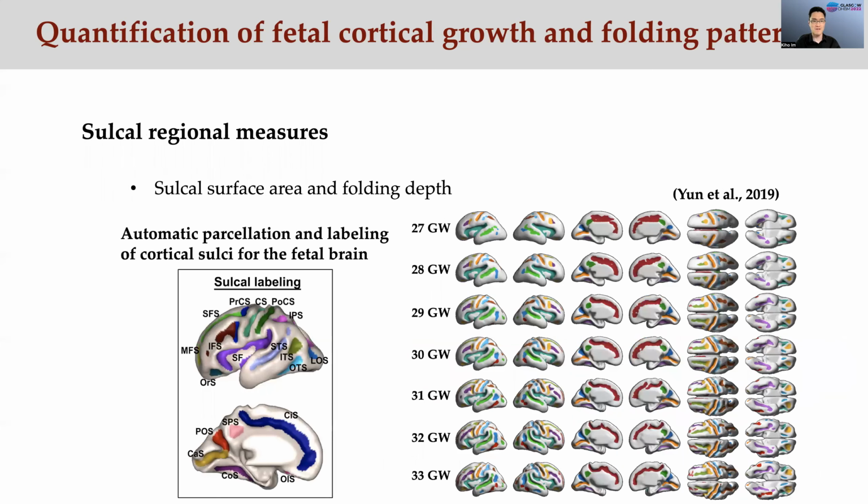We performed sulcal regional analysis. Recently, we developed the method for automatic parcellation and labeling of cortical sulci in the fetal brain. Using our automatic sulcal labeling method, we measured surface area and sulcal folding depth for each sulcus.